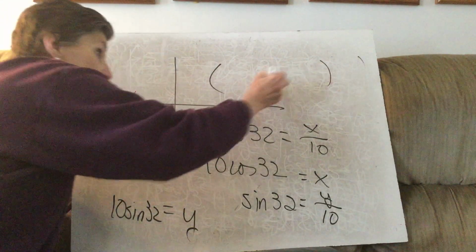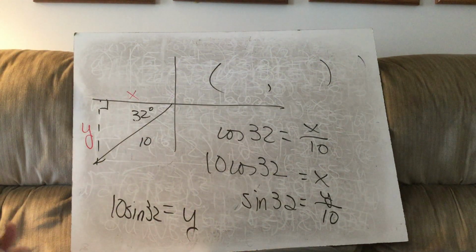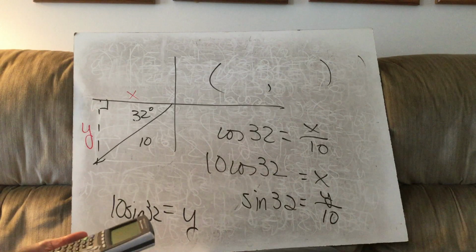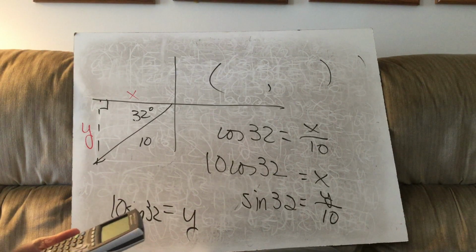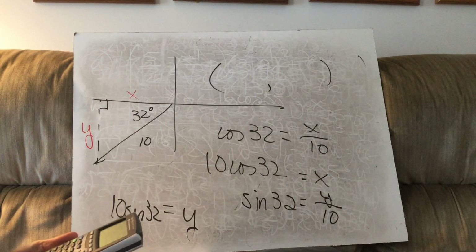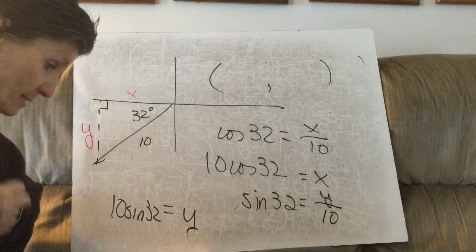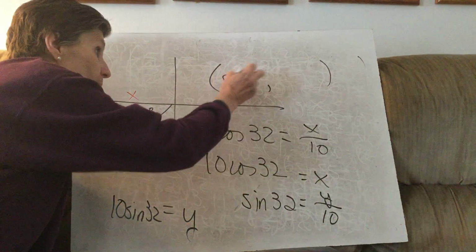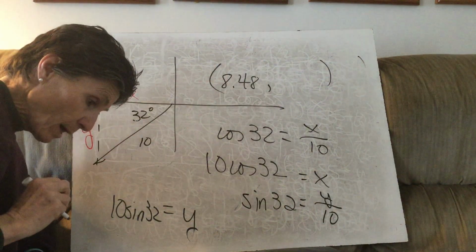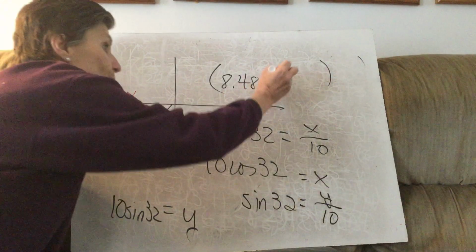So I'll type this in on my calculator and I'll get an x and a y. And my x is 8.48 and my y is 5.30.